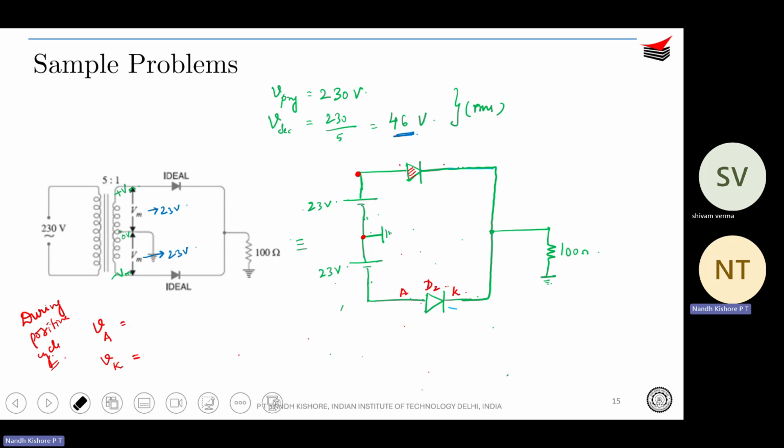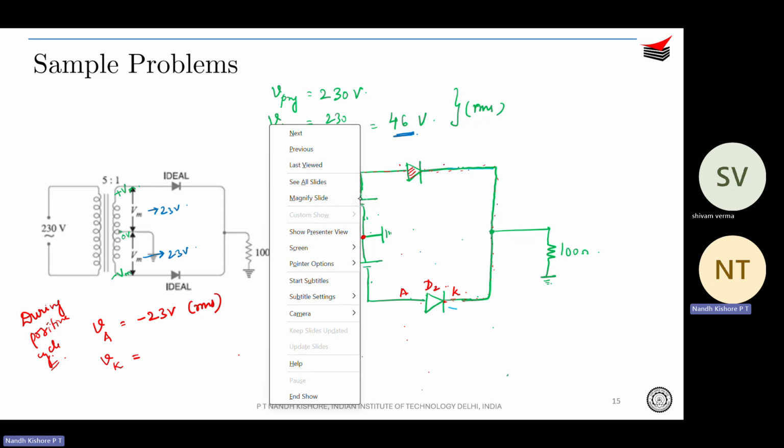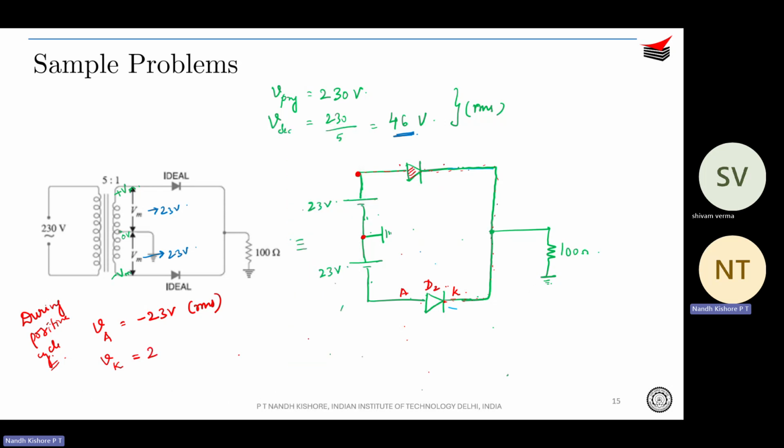So what is the anode voltage? Anode voltage is minus 23 volts RMS. And what is the cathode voltage? The cathode voltage you can trace back from here: same point, same point, same point. This diode is on, so you come to this point, which is 23 volts. Did you understand how we wrote VA and VK? Yes, sir.